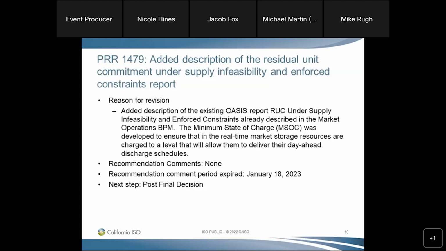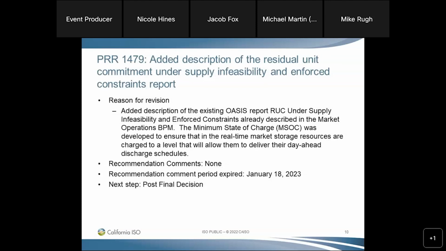Okay, good morning. This is Michael Martin in operations, and this is PRR 1479. Add a description about the residual unit commitment, the RUC undersupply infeasibility, and enforced constraints report. So the background of this change, this is not a new report. It's an existing report.